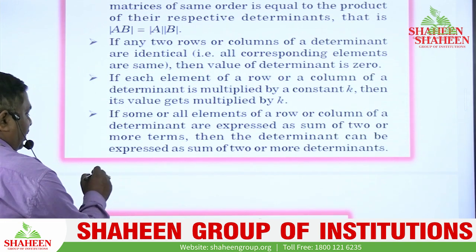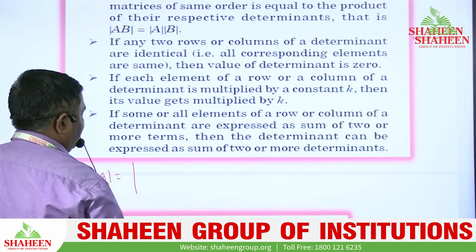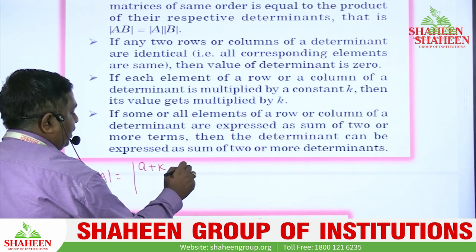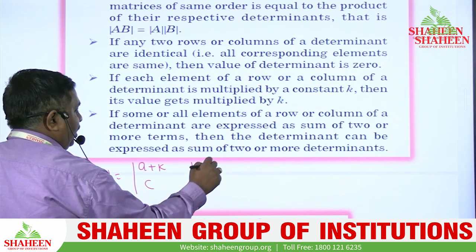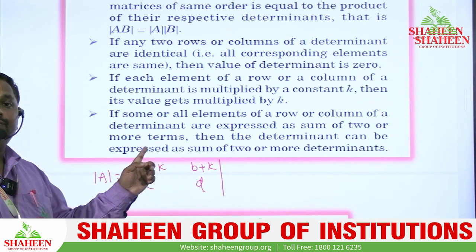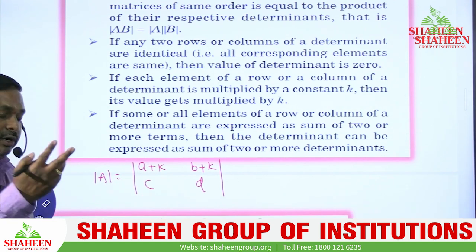For example, we have a determinant of A is equal to A plus K, B plus K divided by C D. You can see that particular row is expressed as a sum of two elements, then this can be expressed as a sum of two determinants.